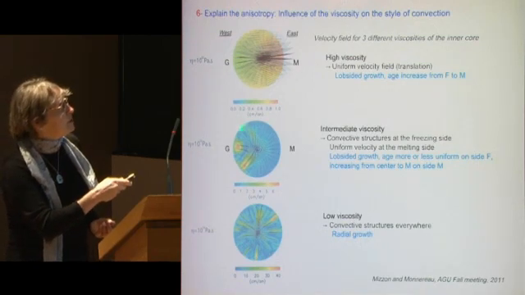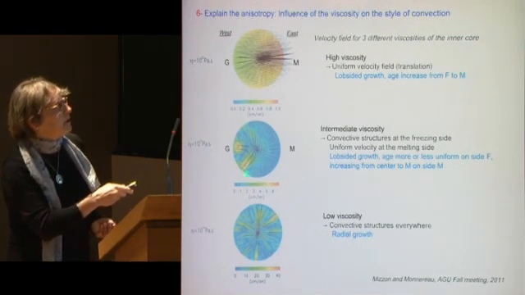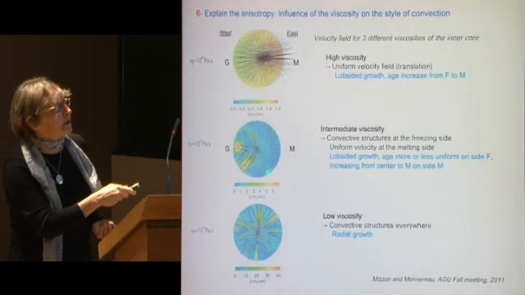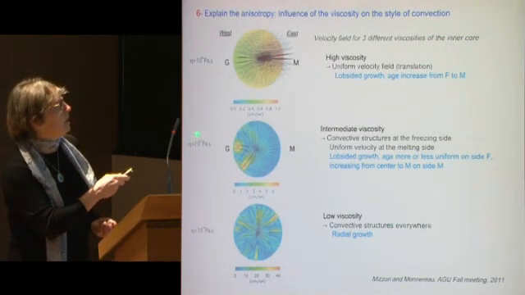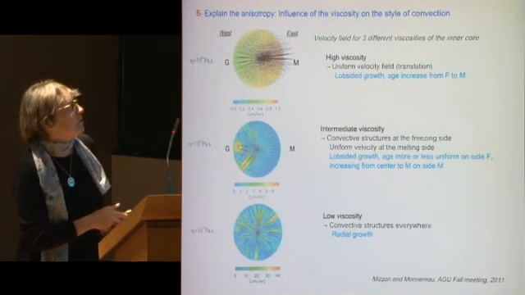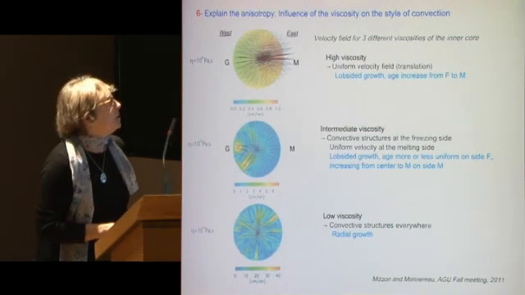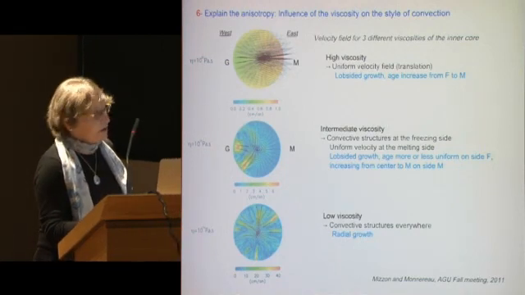So we are able to generate a hemisphere where there is anisotropy and the other one where the anisotropy is low. And this gives a constraint on the viscosity, which must be close to 10^18 Pascal second.